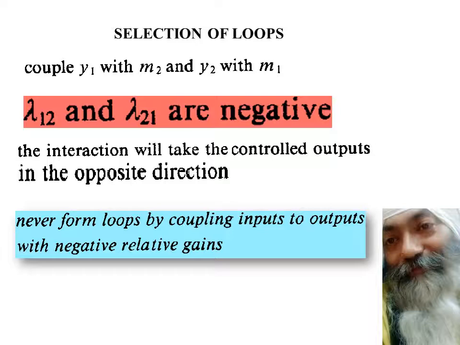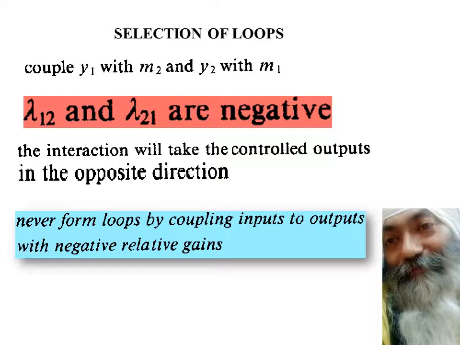The gains have to be as close to the unity factor as possible. 1 is ideal, 0.9 will do, 0.8 will do, 0 is ideal, 0.1 will do, 0.2 will do, 0.5 is a confused mess. Don't go in for those kind of loops, and don't go in for any loop with negative gain like minus 0.1 or minus 0.2.